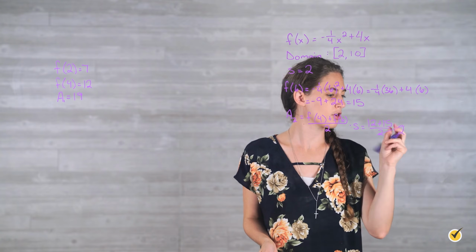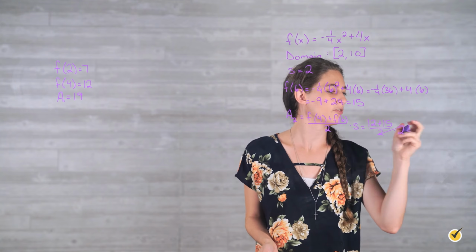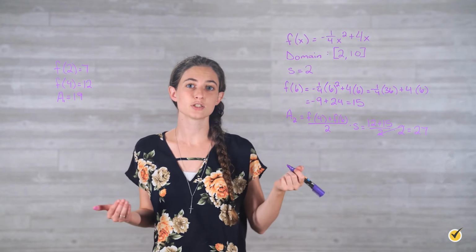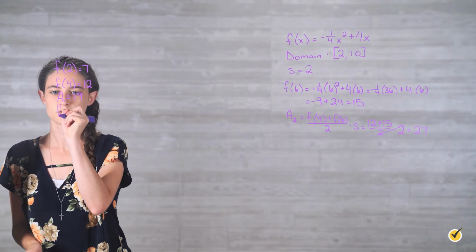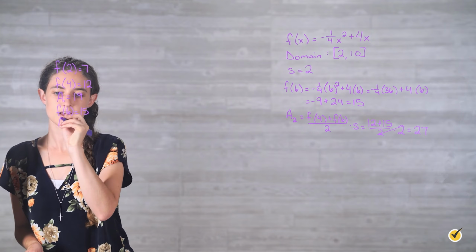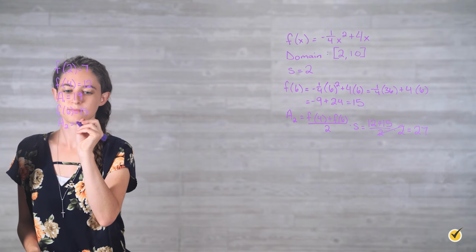Again, we can cancel out our dividing by 2 and multiplying by 2, and then we're left with 12 plus 15, which is 27. So let's add these two values to our list over here. So f of 6 is equal to 15, and a sub 2 is equal to 27.